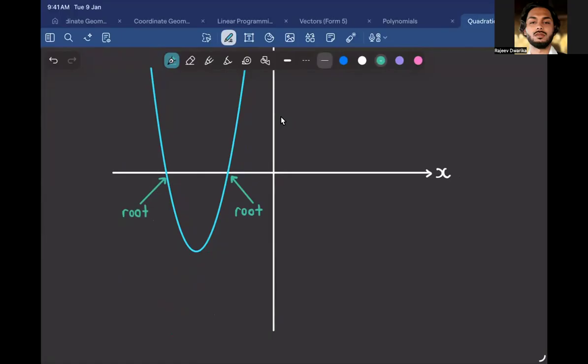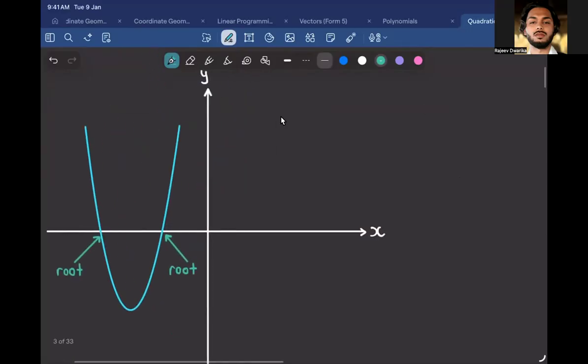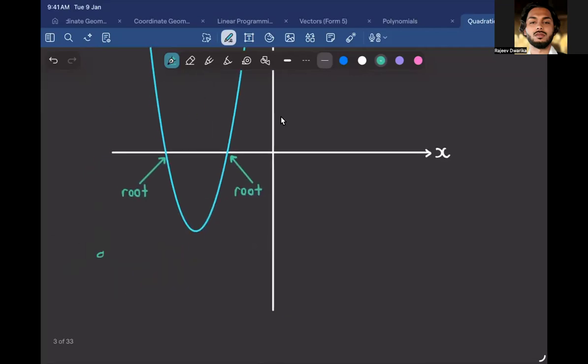Okay, so Avinash, at the root or x-intercept, what do we know? That's the point where the curve crosses through the x-axis. Right.